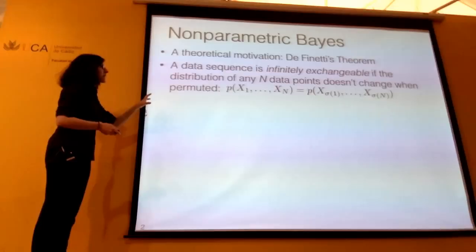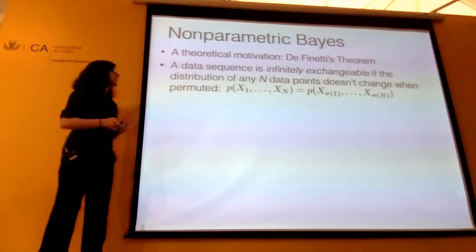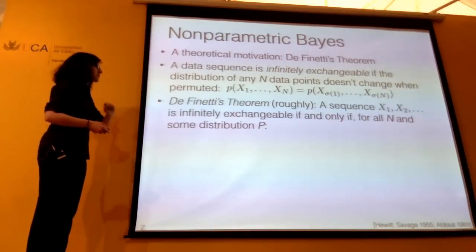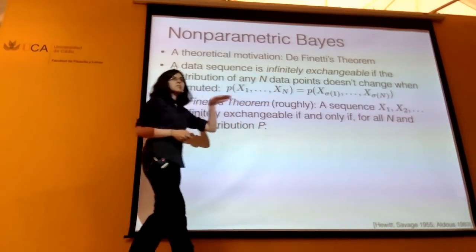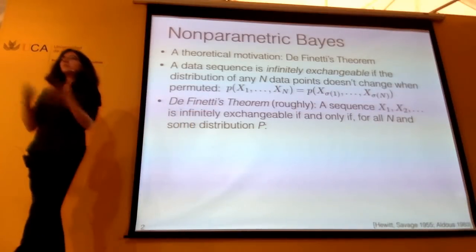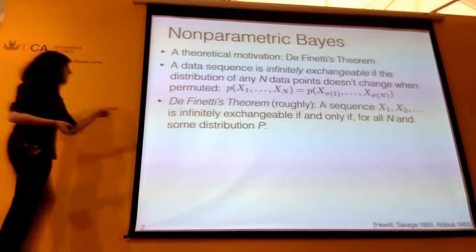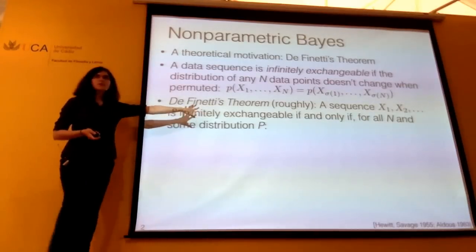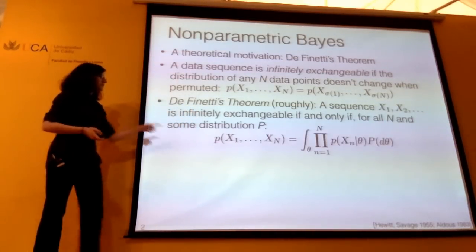Okay, here's the strength of this weak assumption, though. At this point, this seems like a pretty weak assumption, but what does it tell us? It tells us that de Finetti's theorem holds. If I have a sequence of data, again, x1, x2, x3, x4, the documents in my corpus, say, then it's infinitely exchangeable, this weak assumption that I think we're pretty willing to buy most of the time, if and only if the following is true.